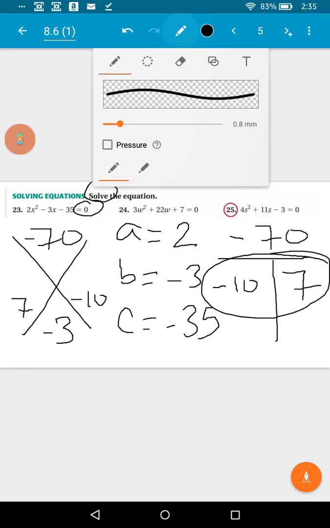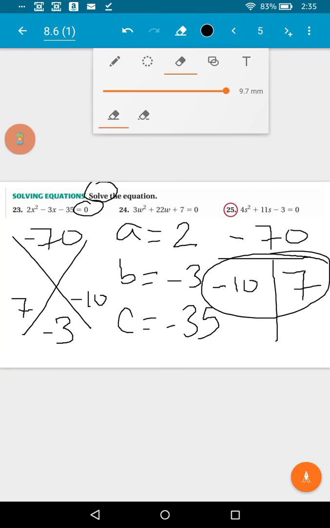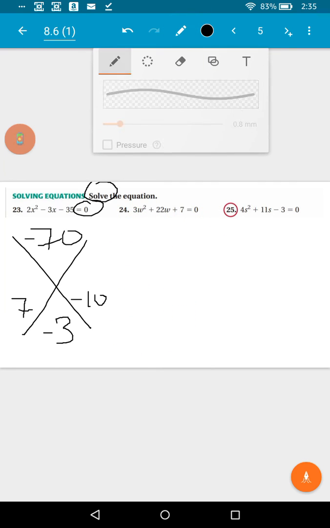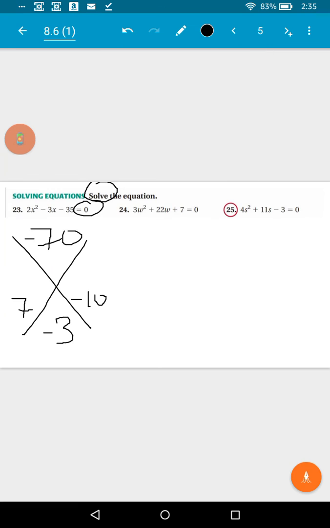Okay, let me erase some of this work so I can make room for solving. Remember, from this step, that numerator is your leading term. Okay, so we have 2x plus 7.